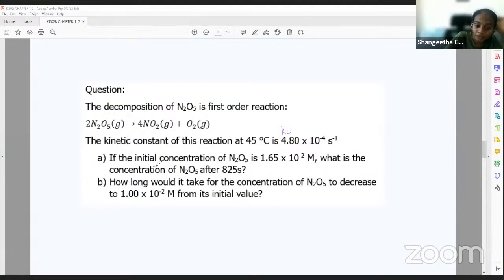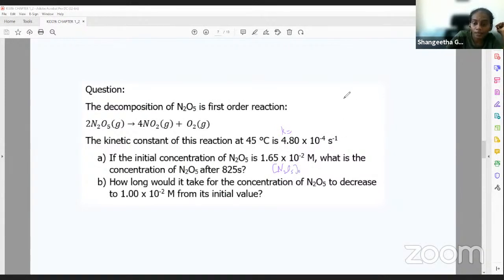Now they are telling you that the initial concentration of N2O5 is 1.65 times 10^-2 M. What is the concentration of N2O5 after 825 seconds? So this is your N2O5 initial concentration.